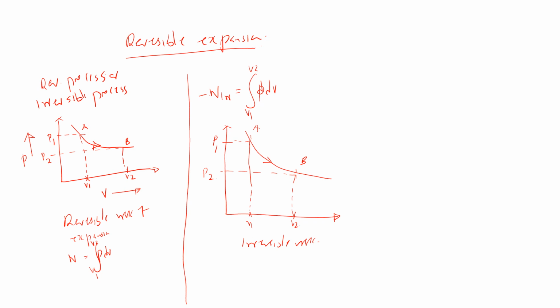The first one we did was work reversible, which is this P dV, but we're looking at work irreversible, which is now the minus of that, and we can simply indicate that if the expansion is performed irreversibly by the sudden reduction of pressure, okay, we reduce the external pressure to the final pressure P2, then W irreversible is equal to minus P2 into V2 minus V1, which is basically this area here.